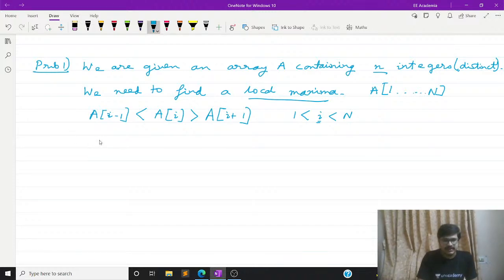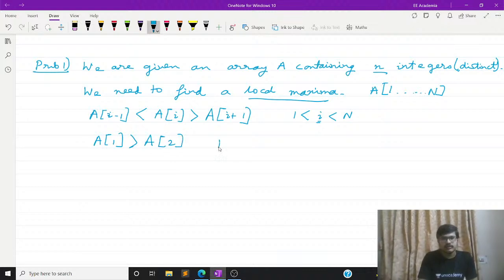And there are some edge cases. If a1 is greater than a2, then 1 is a local maximum.